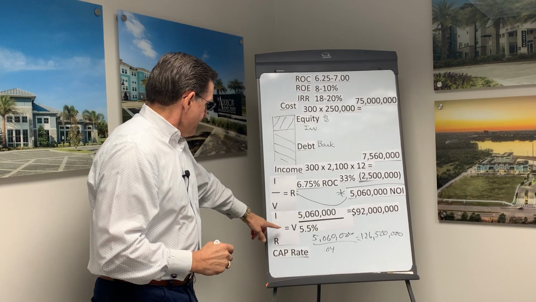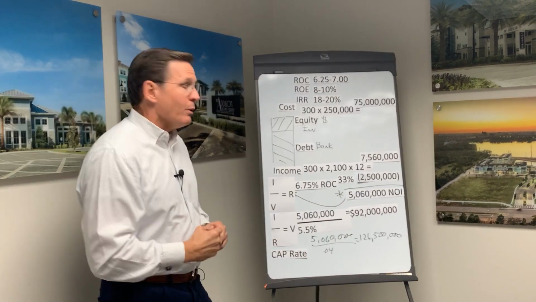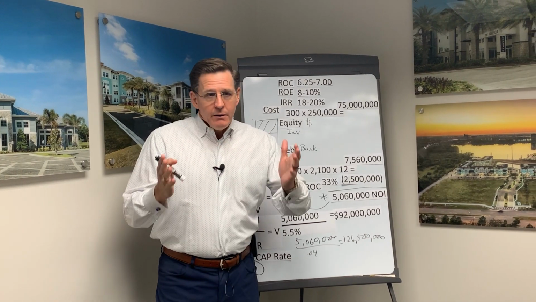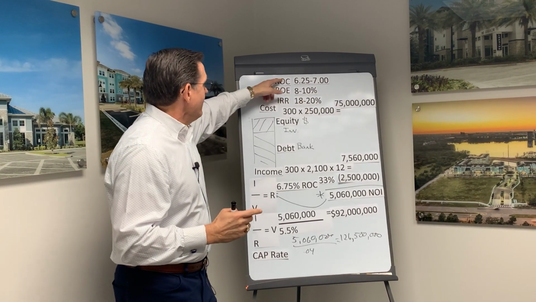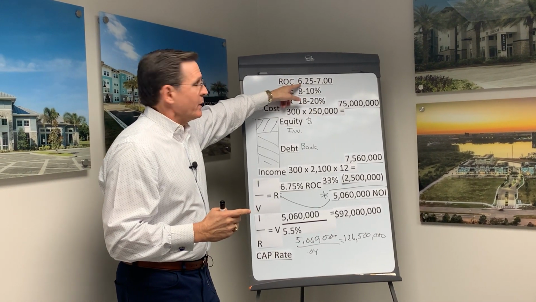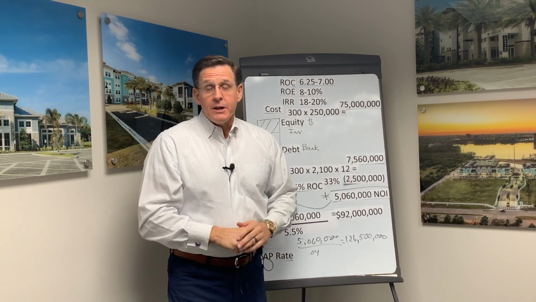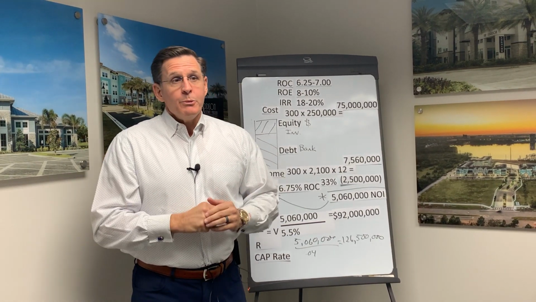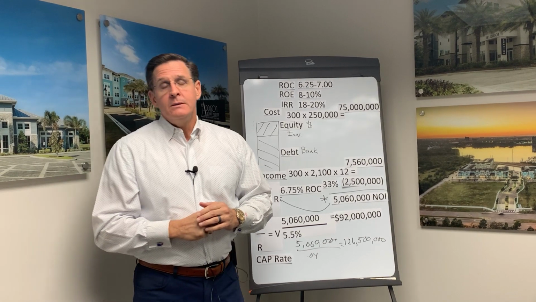So this is how, again, an apartment deal works. These are the metrics today. When I first got in this business over 20 years ago, the return on cost expectations on a new deal were between 9 and 10%.